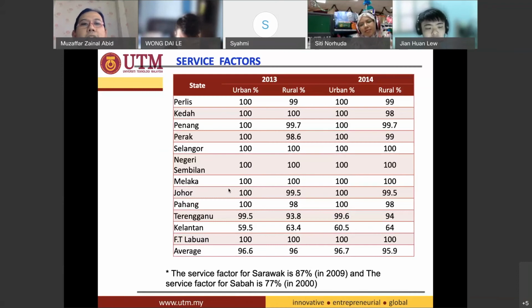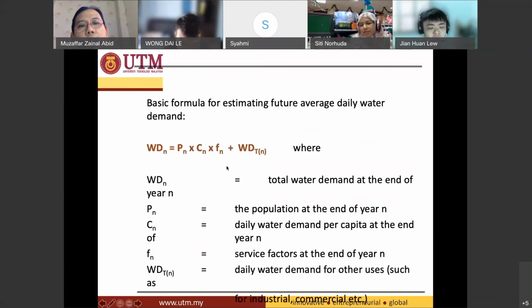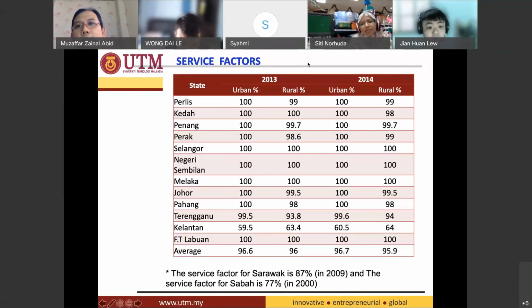Okay guys, I would like to tell you about the service factor. What does service factor mean? The service factor is actually like this. Let's say we choose the state of Perak. Look, in the year 2014, in the urban area in Perak, the service factor is 100%, or in other words, the service factor is 1. 100% means 100 divided by 100, right?